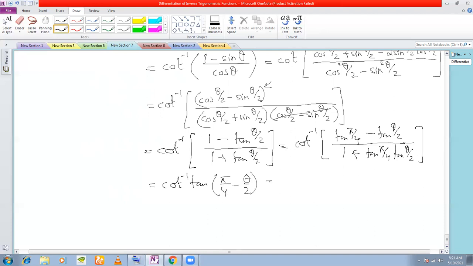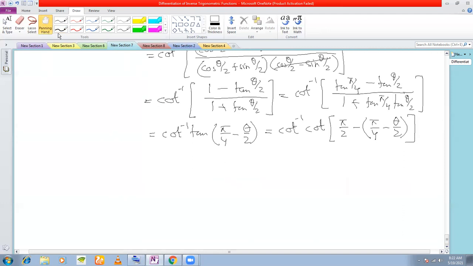But we are getting cot inverse of tan, so what you do is you change tan to a cot by writing pi by 2 minus pi by 4 minus theta by 2. So now this will become simply pi by 2 minus pi by 4 plus theta by 2, which is pi by 4 plus theta by 2.